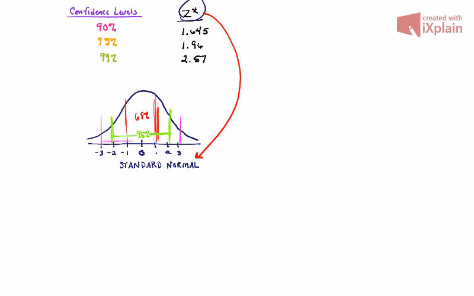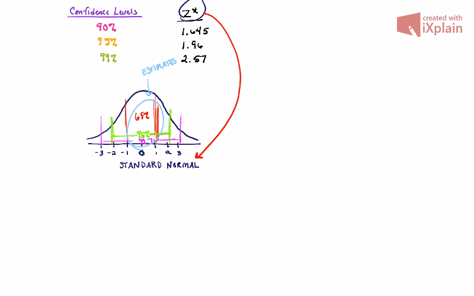Now, please note that these values that we are taking a look at here, the 68, 95, and 99.7, are estimates. We're working with values that are not quite 68, 95, and 99.7%. These are just estimates that we have been working with.